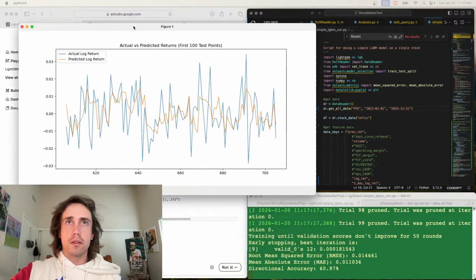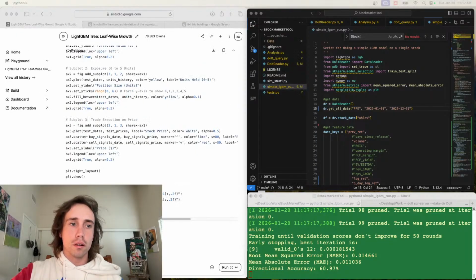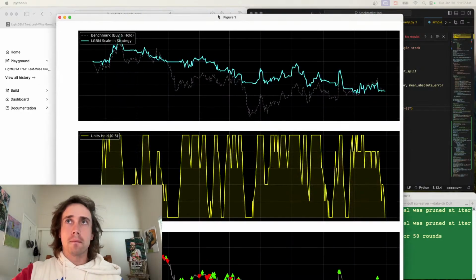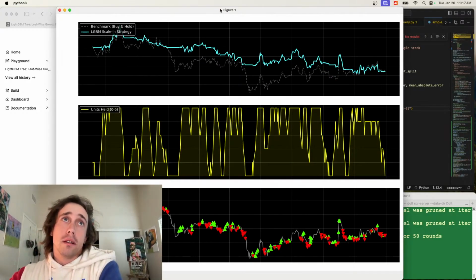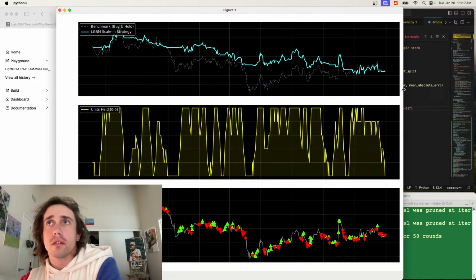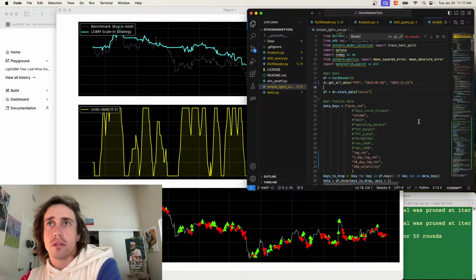So 60% at predicting the right direction. Still not very good. So I guess this is good when things are doing poorly, but not when things are doing well.